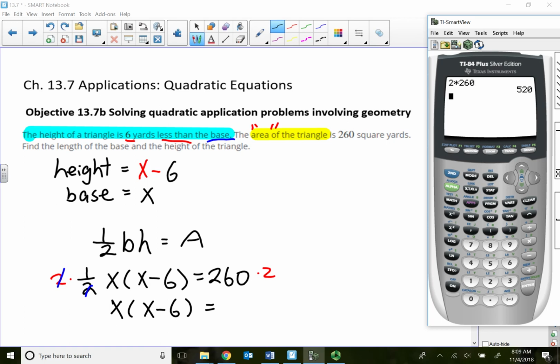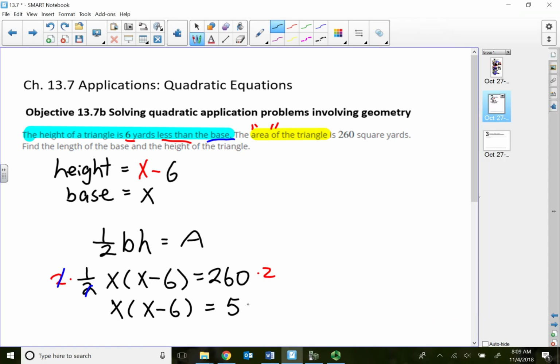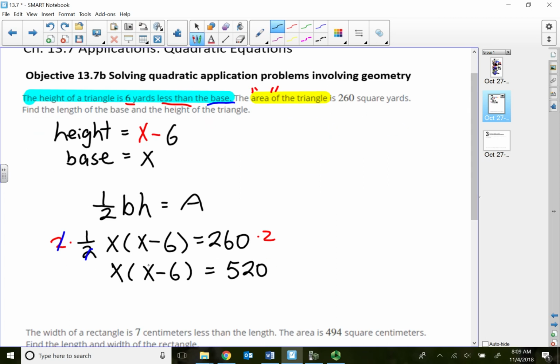That will give me 520. Since my first term has parentheses, I'm going to do a distribution. At the same time, I'm going to move my positive 520 to the other side as well, so I can keep my x squared term positive. So this is going to be x squared minus 6x minus 520 equal to 0.